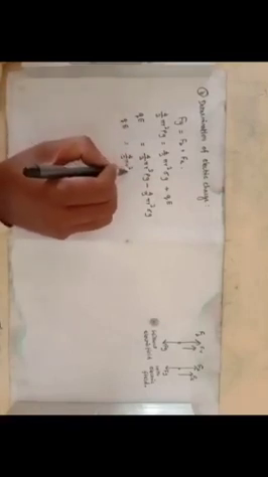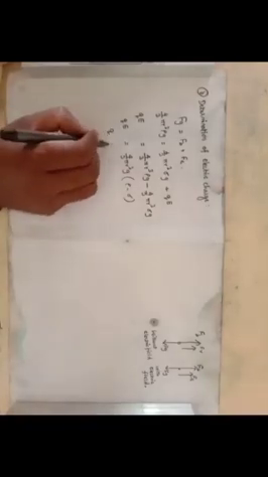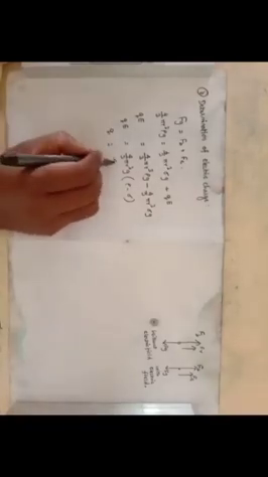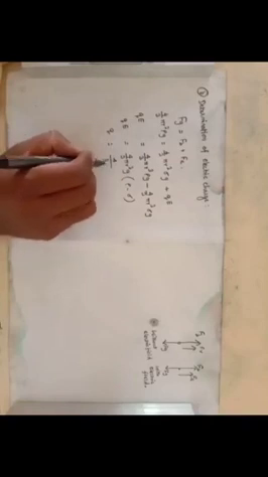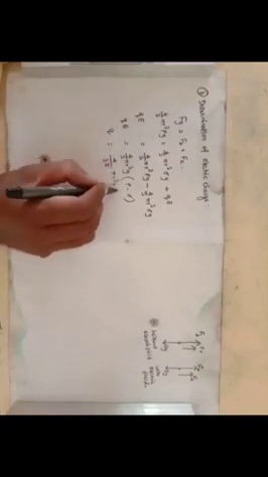Here 4 by 3 pi r cube g is common, so remaining (rho minus sigma). Here it can be written as q, the charge, is equal to 4 by 3E pi r cube g (rho minus sigma).